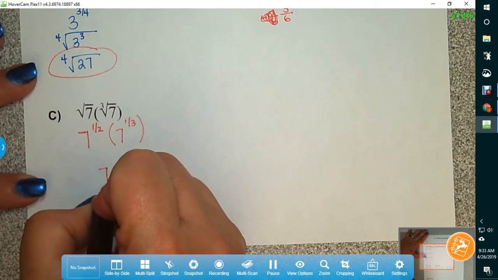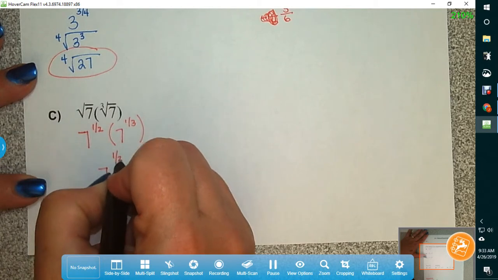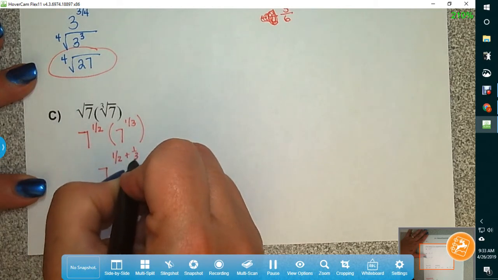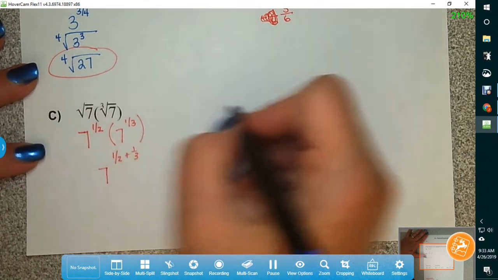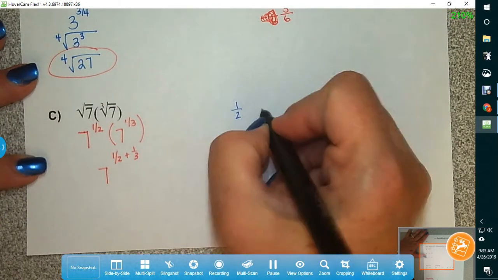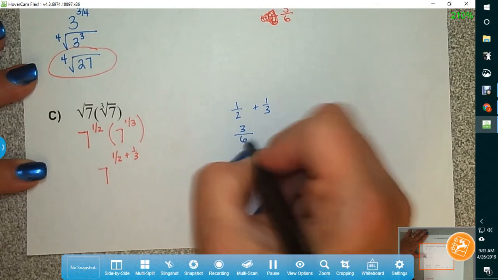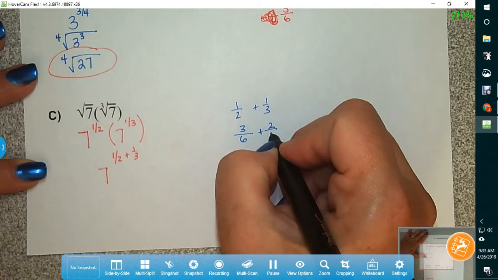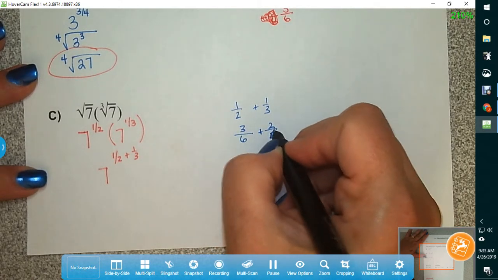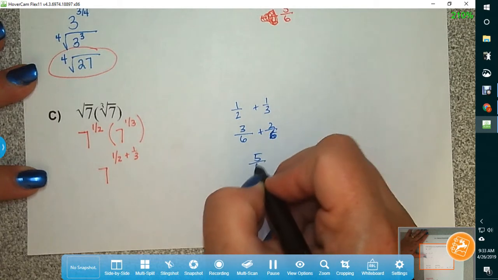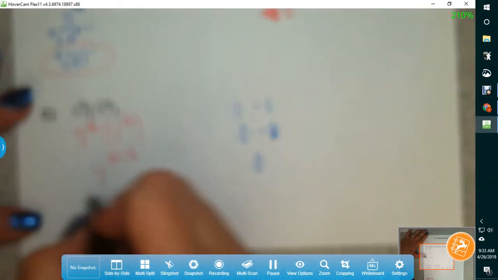So keep my base, add my exponents. I need a common denominator. So 1/2 plus 1/3. This is 3 over 6 plus 2 over 6 gives me 5 over 6.